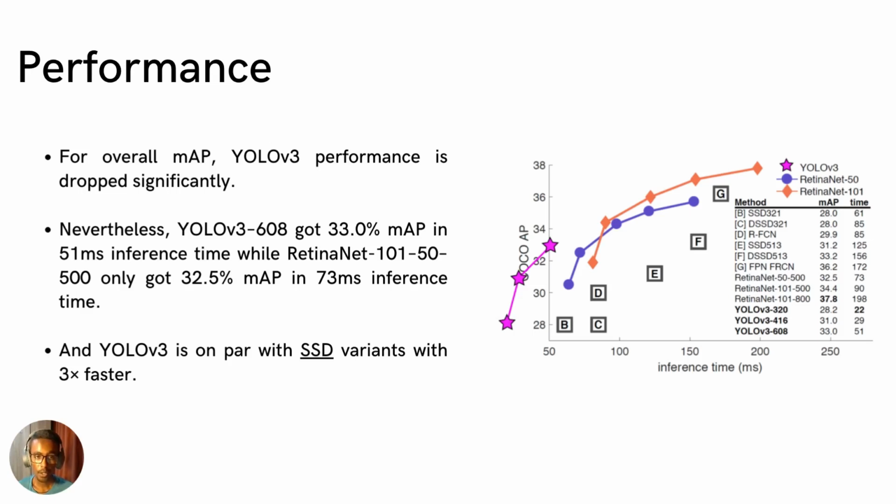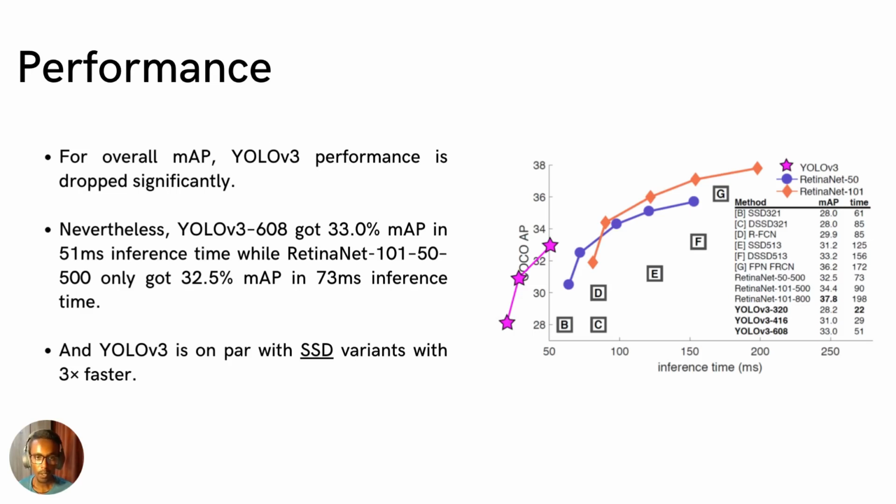If you want a state-of-the-art model, it needs to have a smaller inference time, so it has to be further to the left, and it needs to have a very high mean average precision. So you need a model on the top left corner of the graph.